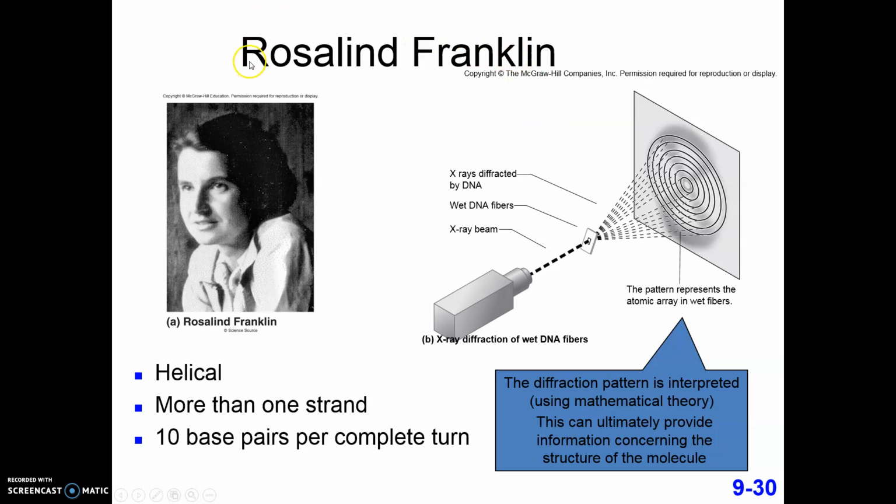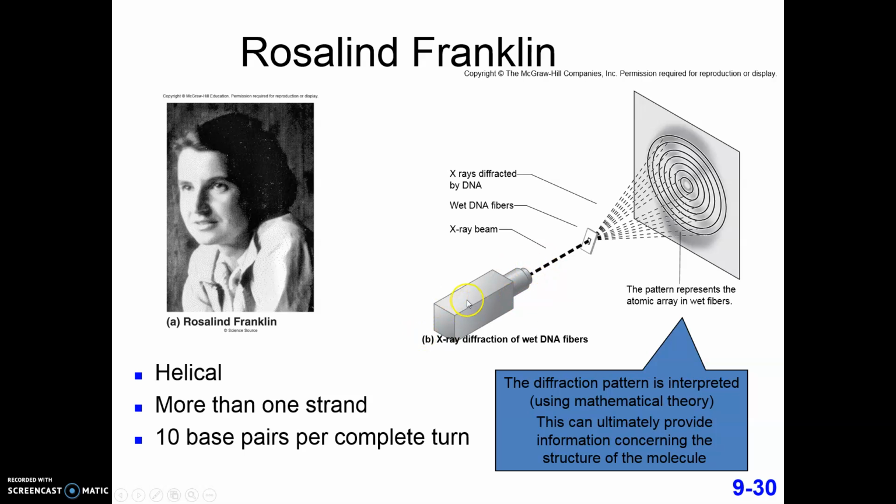Now, we have Rosalind Franklin, and she was also an X-ray crystallographer. She was not really steeped heavily in chemistry or biology. She was really a physicist. And the things that she really could do well is fine-tune all of the instruments to get these extraordinarily sharp X-ray diffraction patterns.